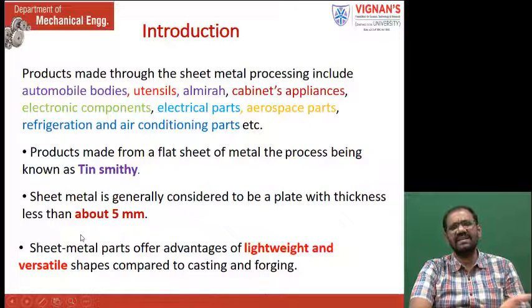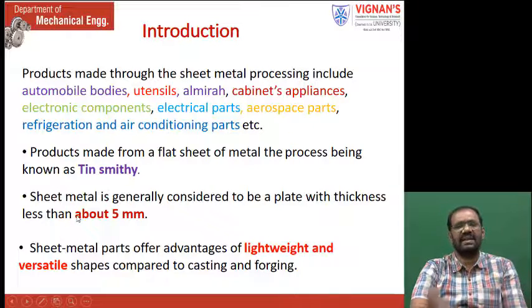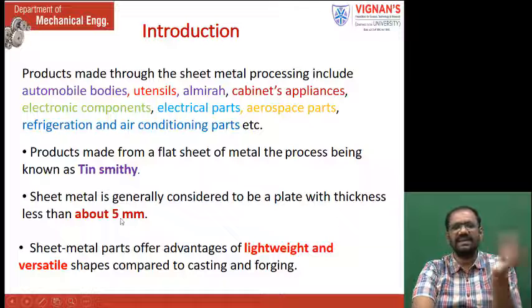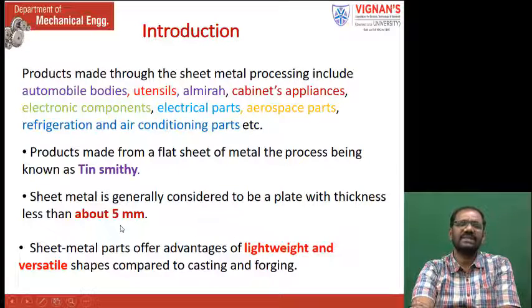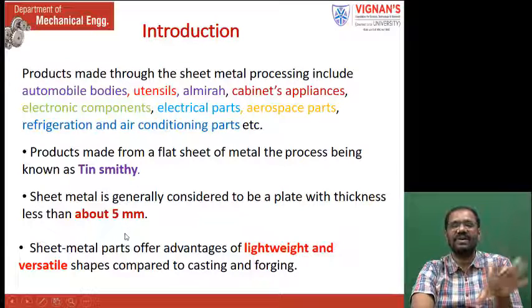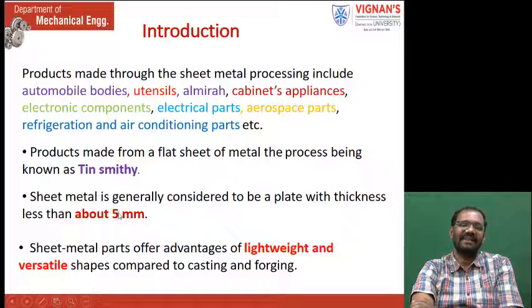Based on ratio and other calculations, some people treat it as 5 mm. But 5 mm seems to be very thick. If the metal is hard steel, it is difficult to carry out tinsmithy work on it. As per new textbooks it was written as 5 mm, but it is 3 mm.